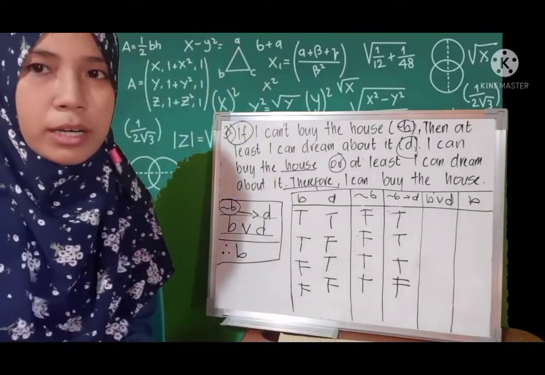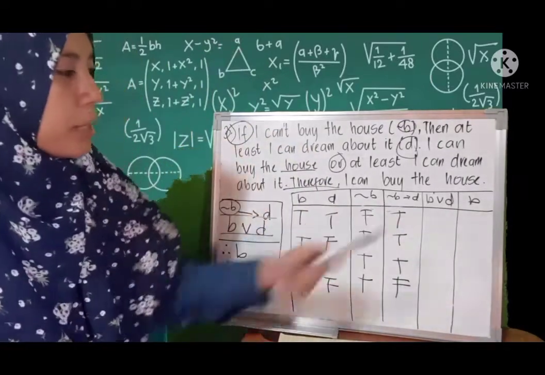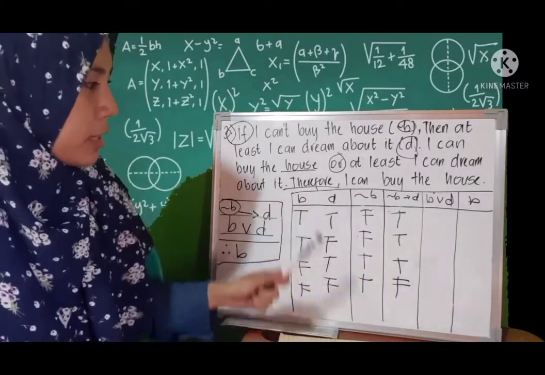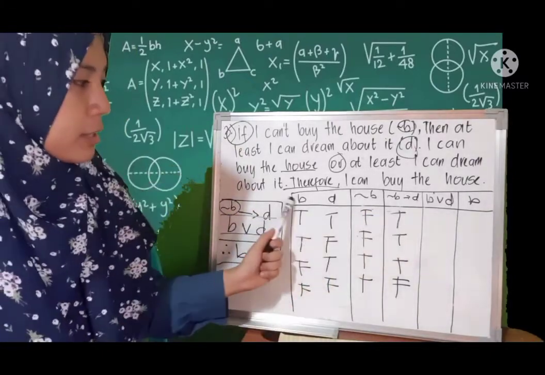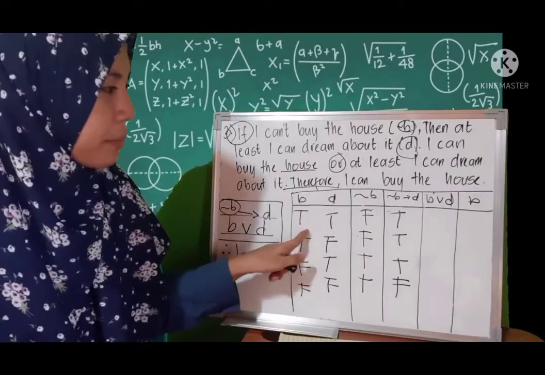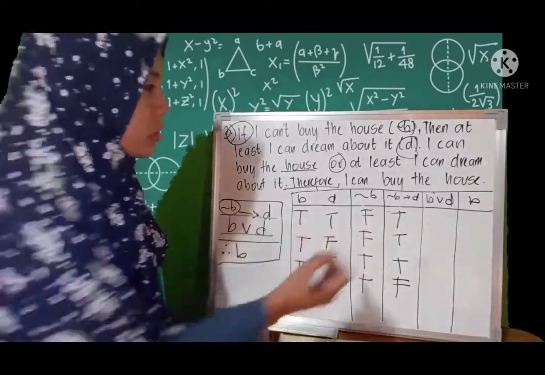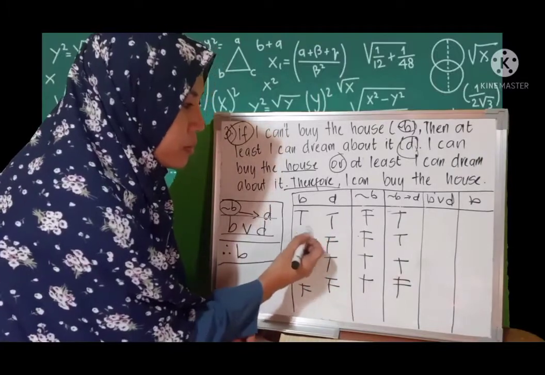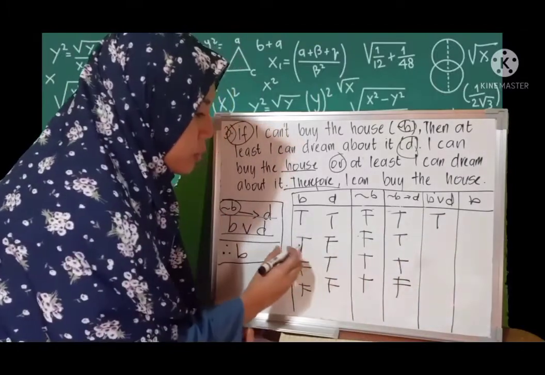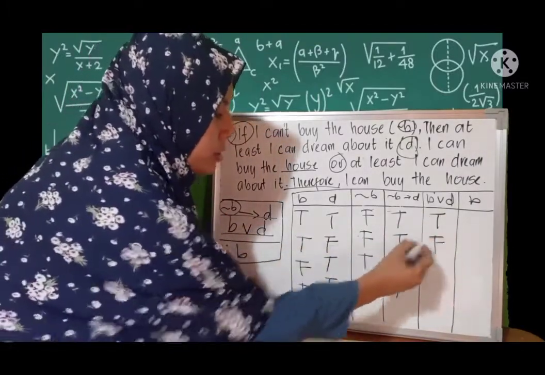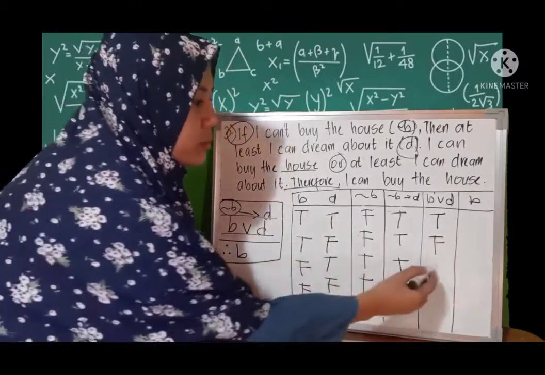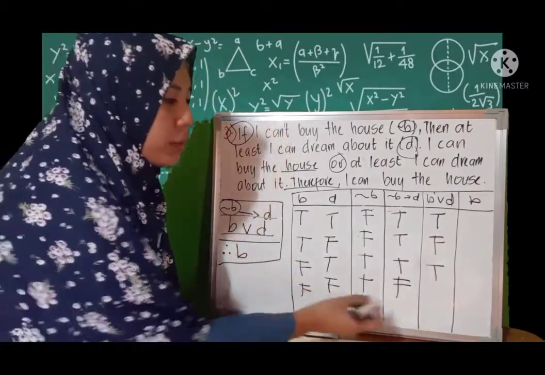Ganyan ang pagkuha niyan. So, sa second premise naman ay B pati D. So, ang pagkuha lang niyan ay parang parehas lang dito. So, true and true. True. True and false. False. False and true. False. False and false.